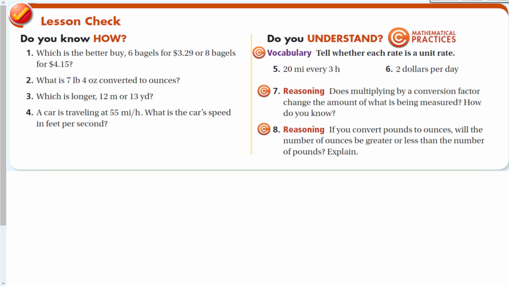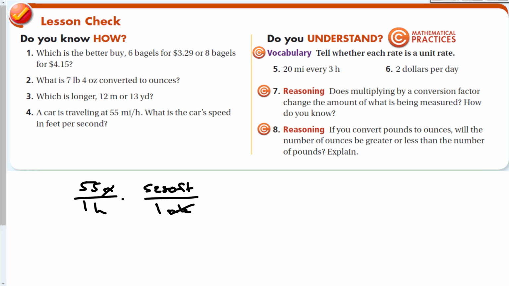A car is traveling 55 miles an hour. What's the car's speed in feet per second? Let's take a look at this, right? 55 miles per 1 hour. Okay, so now there are 5,280. Whoops, look at the mistake I just made. 5,280 feet in 1 mile.